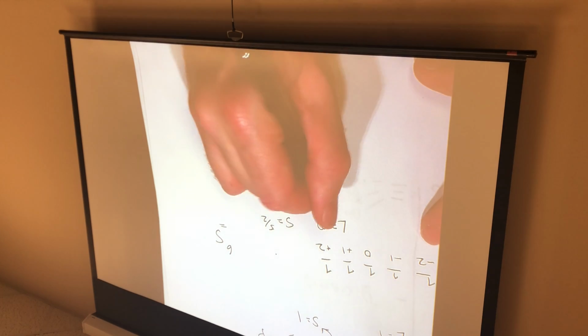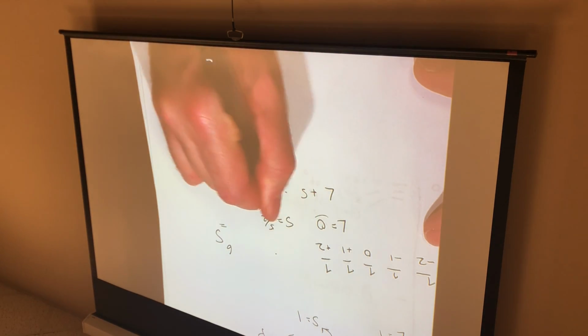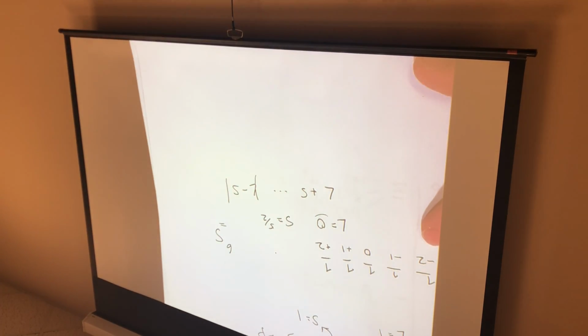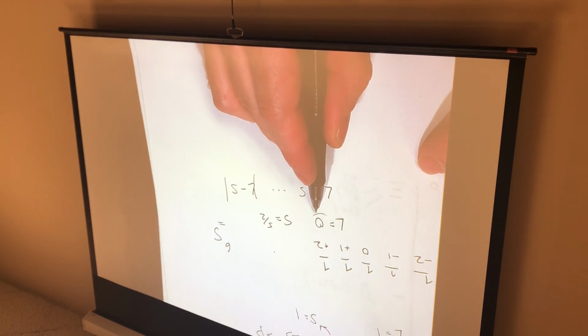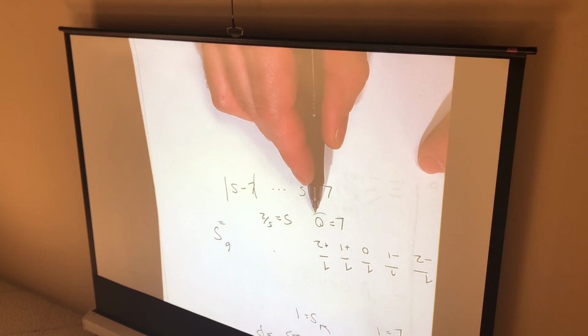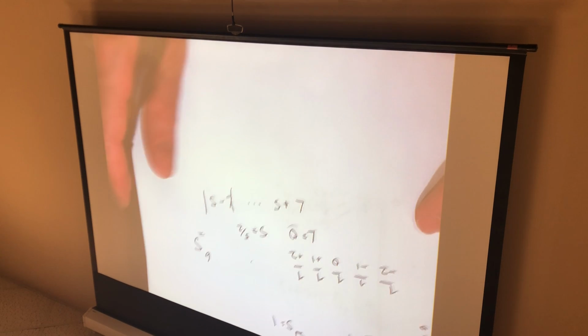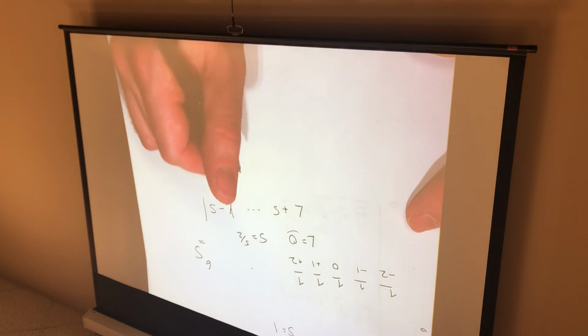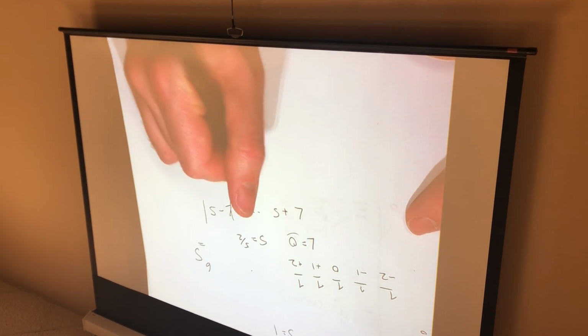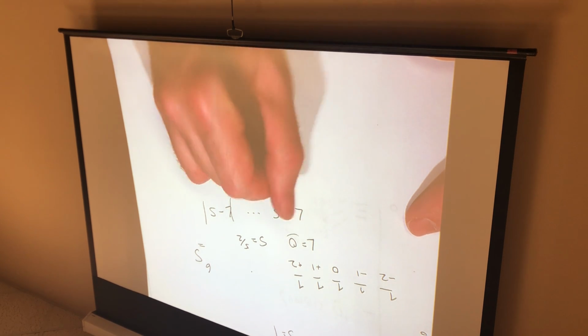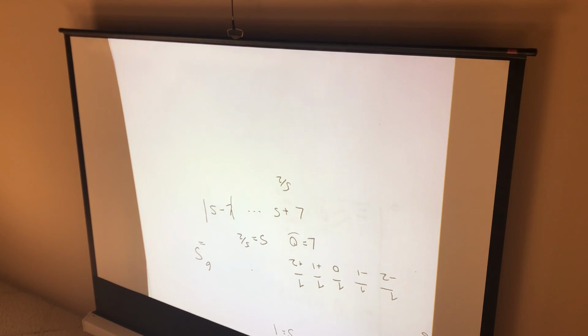But let's see how it works. So it's L plus S all the way down to the absolute value of L minus S. And one of these numbers is 0. So I have 0 plus 5/2, which is 5/2.